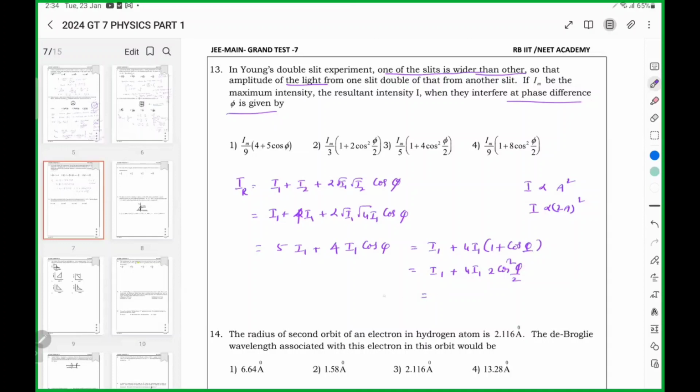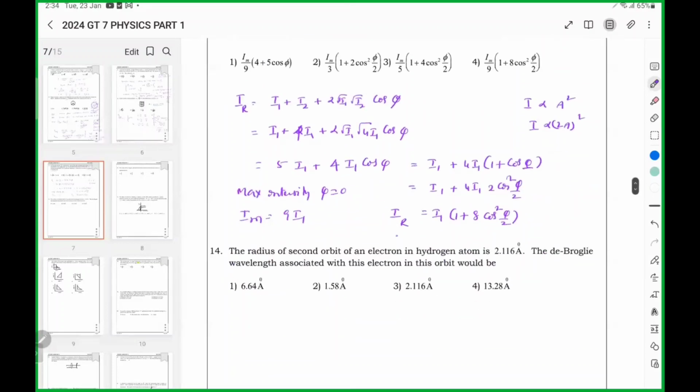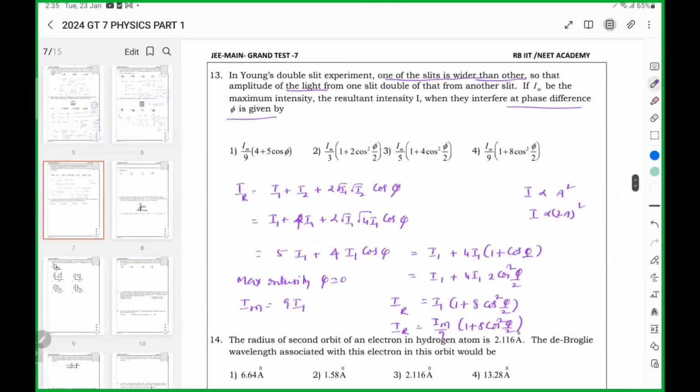So the resultant intensity is I1 into 1 plus 8 cos square phi by 2. You get maximum intensity when phase angle is 0. That is IM here, 9I1. So the resultant is 1 plus 8 cos square phi by 2.